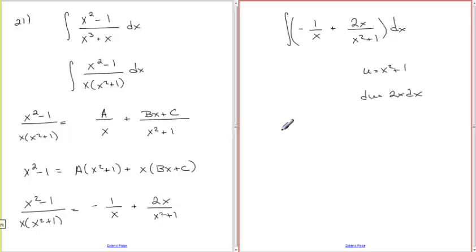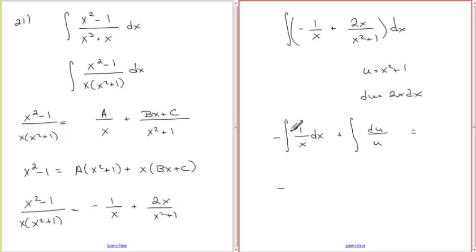So let's break this into two integrals. The first one won't require u substitution. We have a negative sign, 1 over x dx. The second one, we have the integral of 2x dx, which is du, divided by x squared plus 1, which is u.